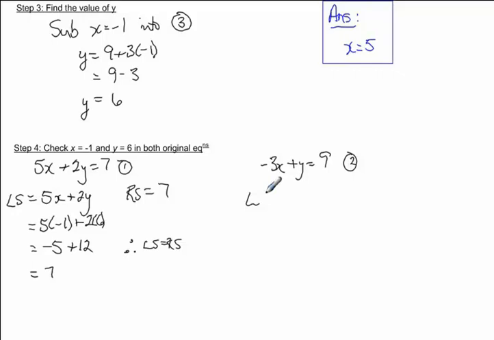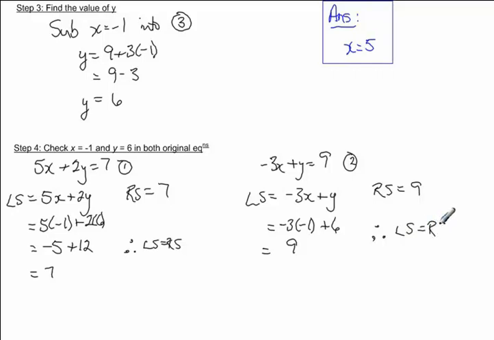The left side is negative 3x plus y. We sub in our x and y values, so I get negative 3 times negative 1 plus 6, which is equal to 9. The right side is 9, therefore left side equals right side, which is great.